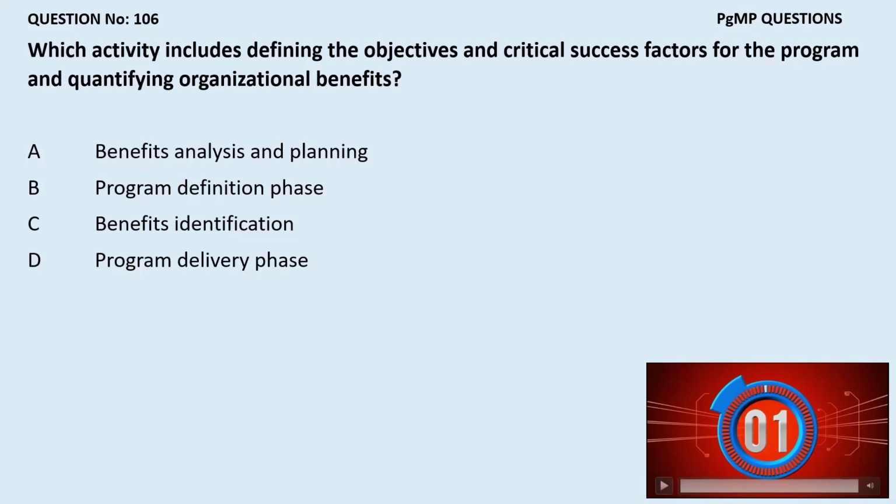I will read it: it includes defining the objectives and critical success factors for the program and identifying and quantifying organizational benefits. I only deleted the word identifying because then it was a straightforward answer question. So here I am working at the organizational level benefits, so I am in the benefit identification activity.